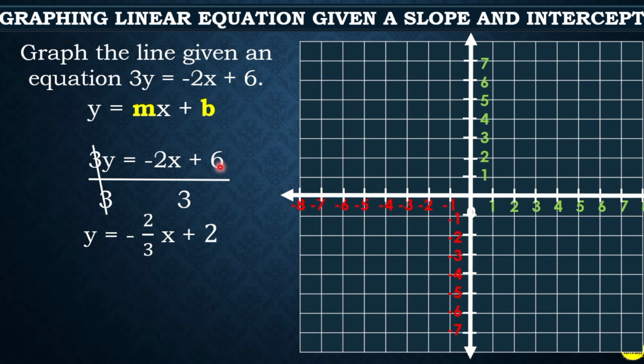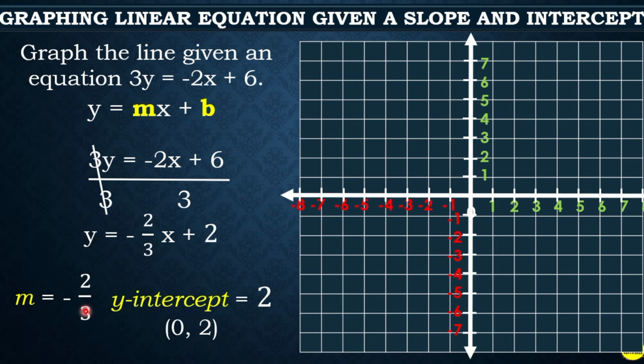And then 6 divided by 3, that is positive 2. So, we can now identify the slope and the y-intercept. What is your slope? Yes, it's negative 2/3. What is your y-intercept? Your y-intercept is 2. So, therefore, we will plot the point (0, 2).